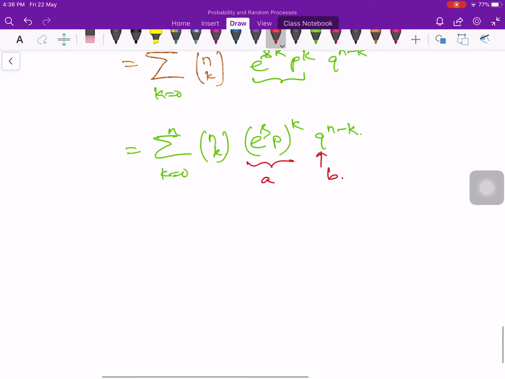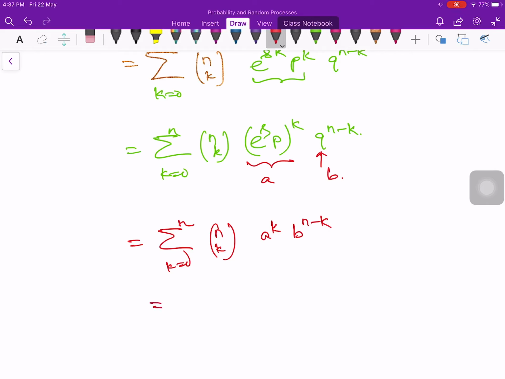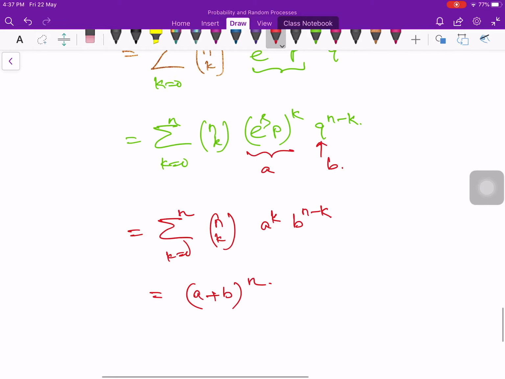So in that case, this is going to be summation over k equal to 0 to n, n choose k times a to the k b to the n minus k. Now if you substitute k equal to 0, 1, 2, 3, then this whole thing I can write as a plus b whole to the power n.